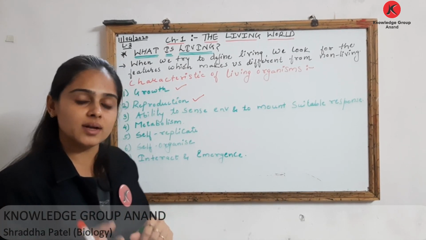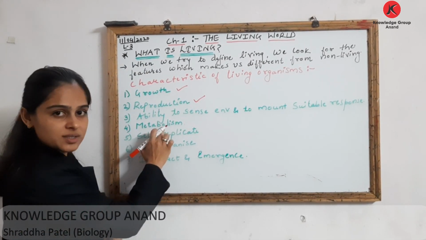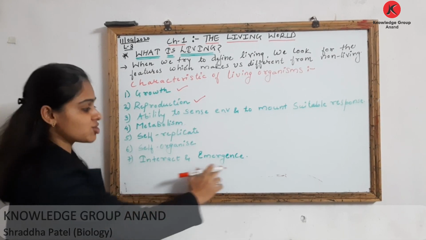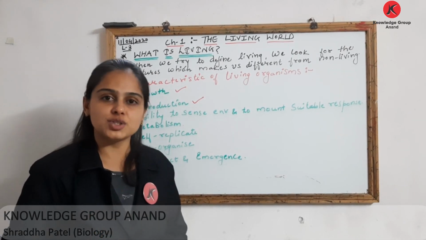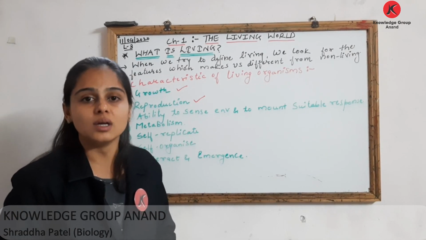Okay, if I want to add some more features to this, I can say metabolism, self-replication, self-organization, interaction and emergence are certain characteristic features of living organisms, right, which are not present in non-livings.